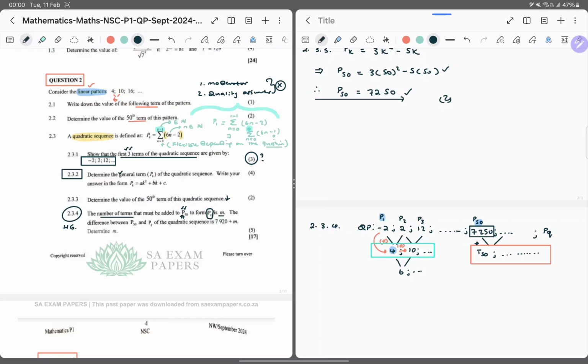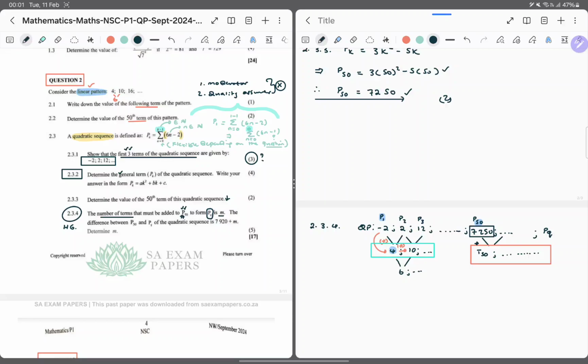Of course, some students know that even if I cannot show that those are the terms, I can take those terms and answer this question and that question. So these 6 marks they could still get. But I doubt they would know how to solve this. I doubt they would know how to do that effectively if they didn't think about it the way I have shown you, because it wouldn't make sense by just substituting the values here and seeing what you need.